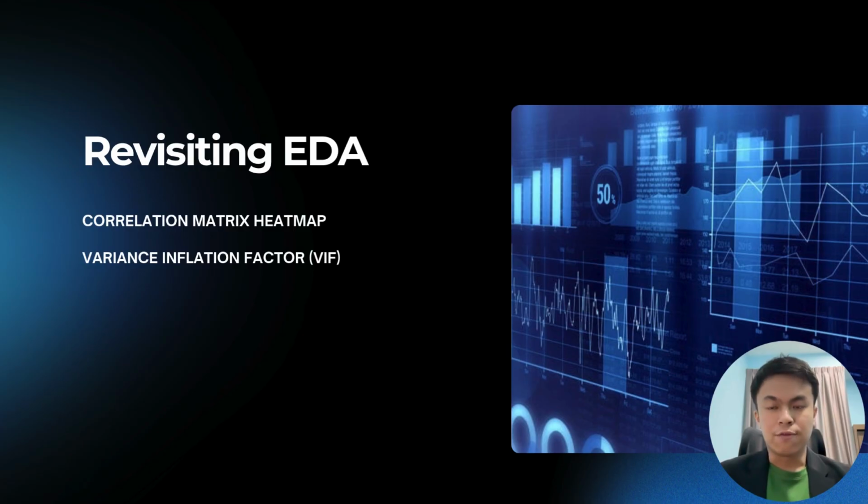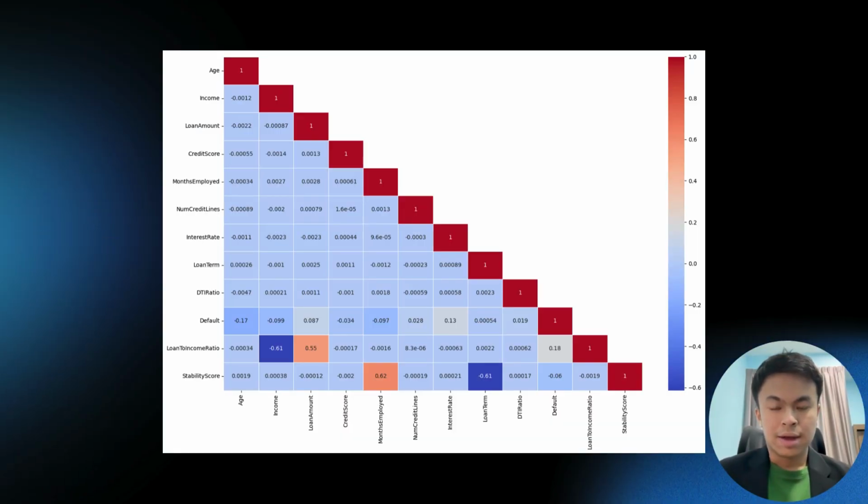After creating the new variables, we also revisit some stages of the EDA, like the correlation matrix heat map and the VIF, to recheck if the variables are highly correlated with each other and to see if there are any relationships between our newly created features and the existing features. Here we can actually see that there are some linear relationships, probably because we derived the features from the existing features.